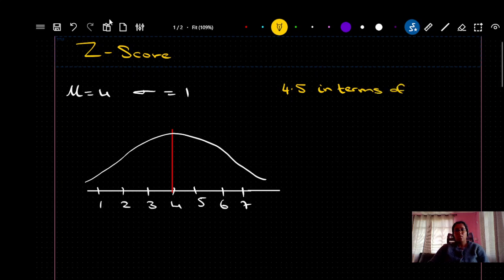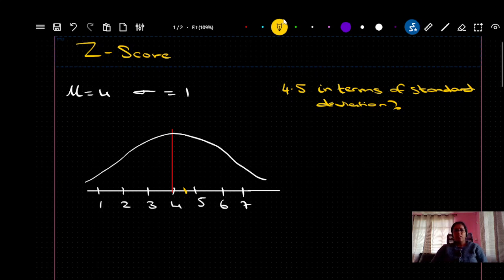Where does it fall in terms of standard deviation in this graph? Where does 4.5 fall in this graph in terms of standard deviation? So you look at this graph, you will tell me that it's quite easy. Maybe it's around here, in the middle of 4 and 5, you get 4.5.